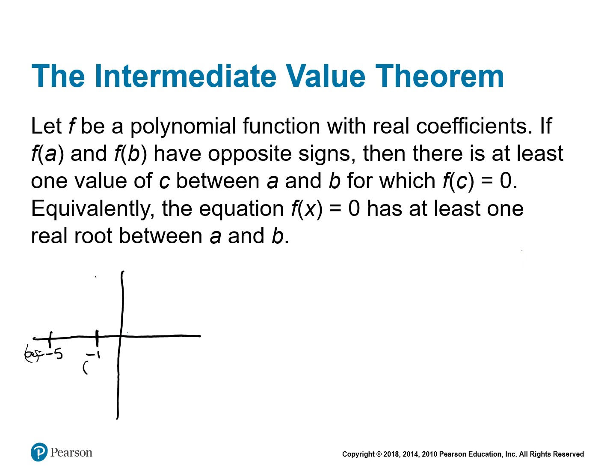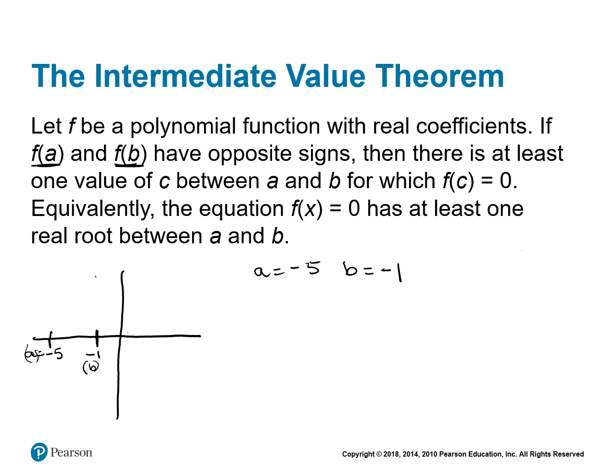So -1 is b and a is -5, because I'm just using a and b as they have used in the explanation here. So let's say we've chosen a equals -5 and b equals -1.